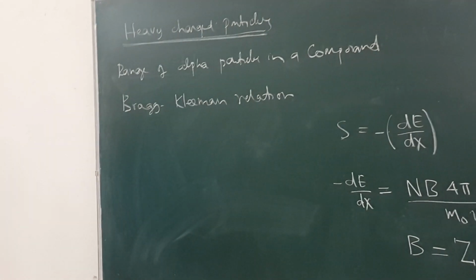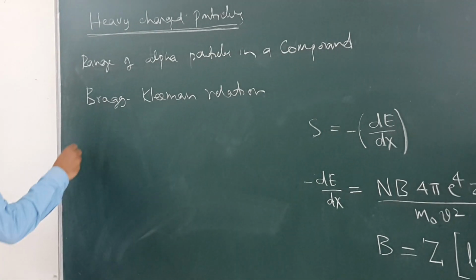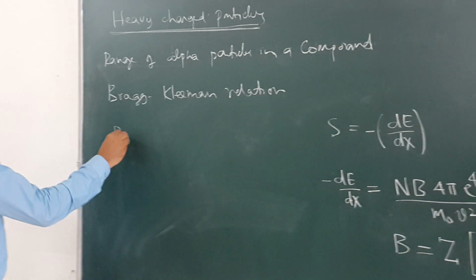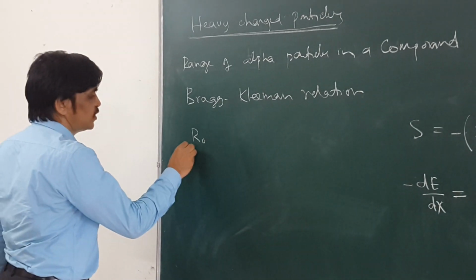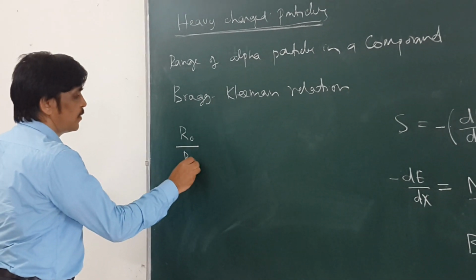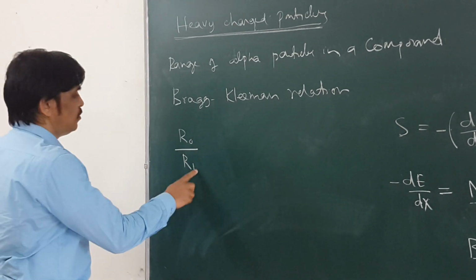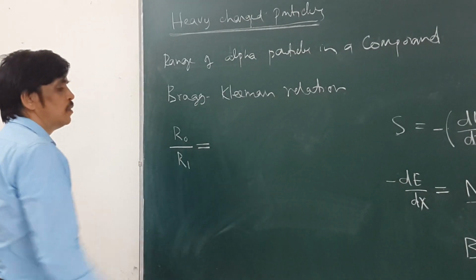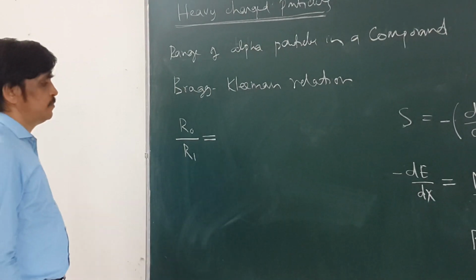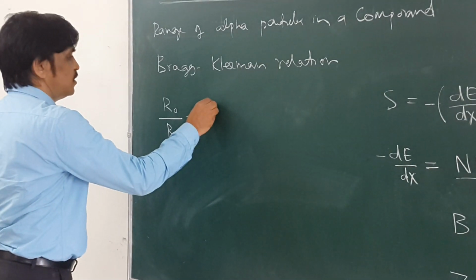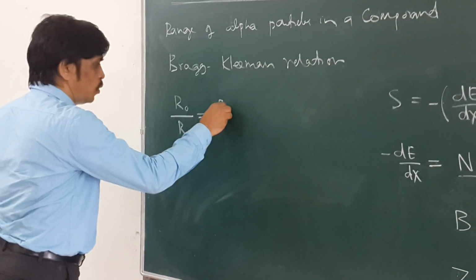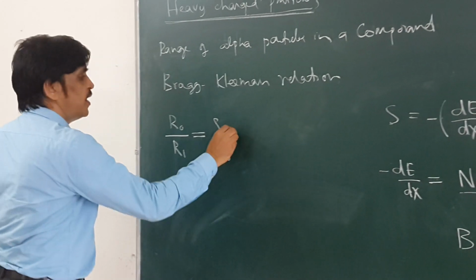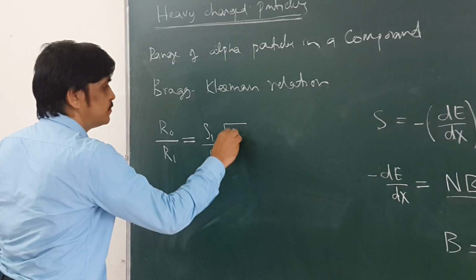Now, suppose you have two media, and the range of alpha particles in one medium is R0 and in another medium is R1. Now, this is related to the density of the medium, rho 1, rho 0, and then the atomic weight.